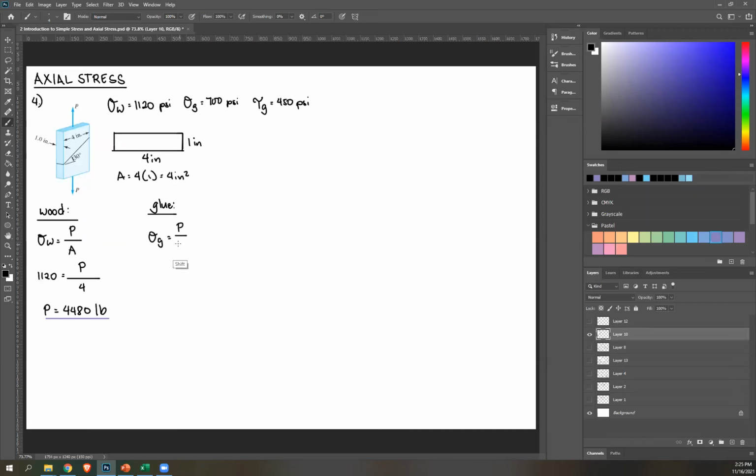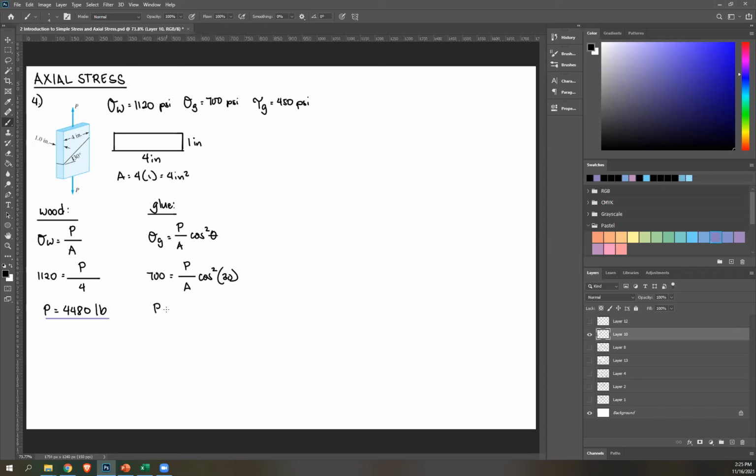So we can just copy that: P over A cosine squared theta. And then let's sub in our values. That's 700 psi. P over A, once again, is just 4. Cosine squared theta, with the angle between cross-section and inclined plane being 30.